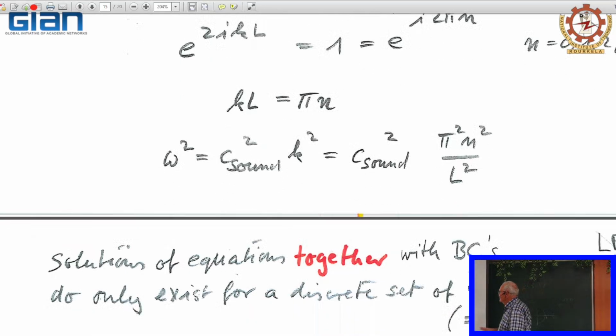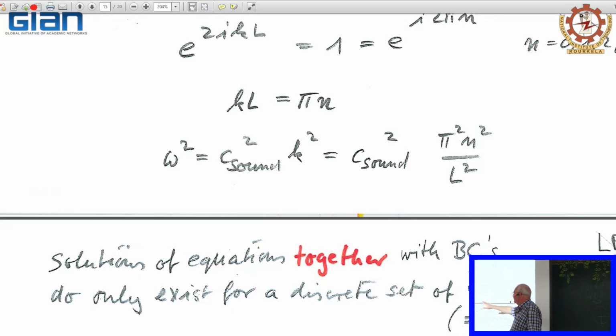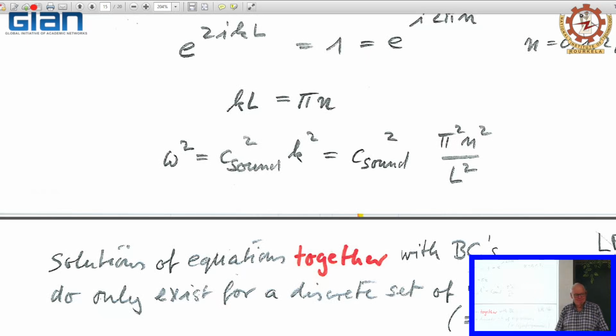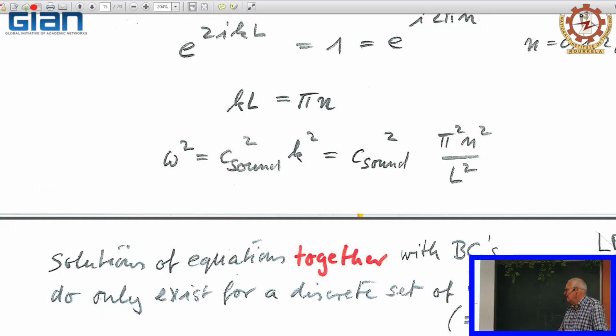Okay, you also get the solution. Well, n equals 0 is the basic tone of the organ pipe. n equals 1 is the first overtone, 2 is the second overtone, and so on.